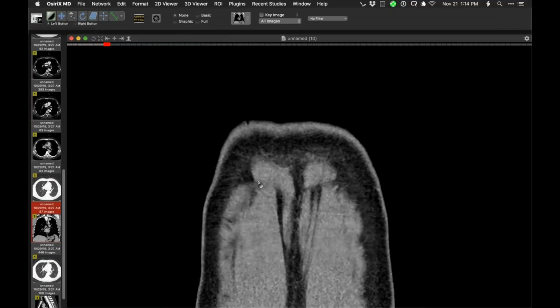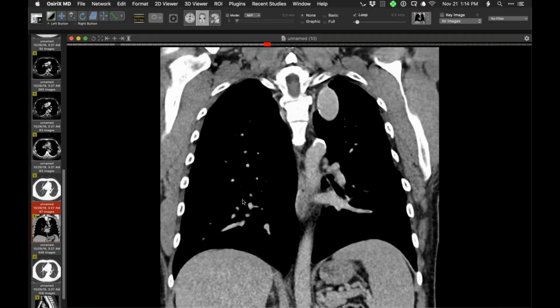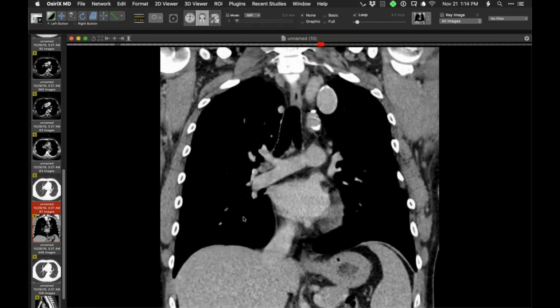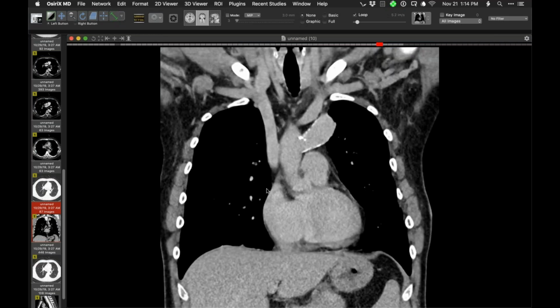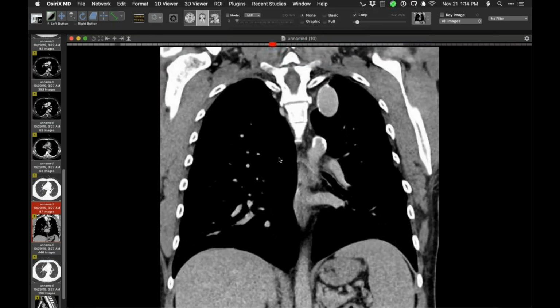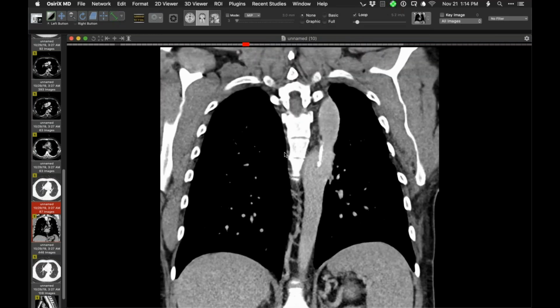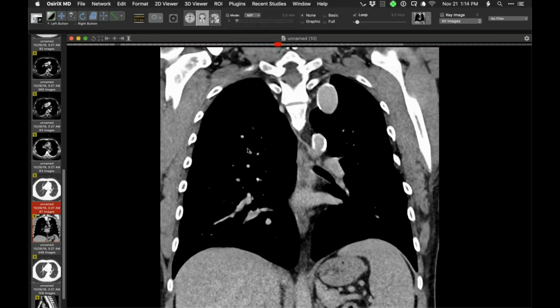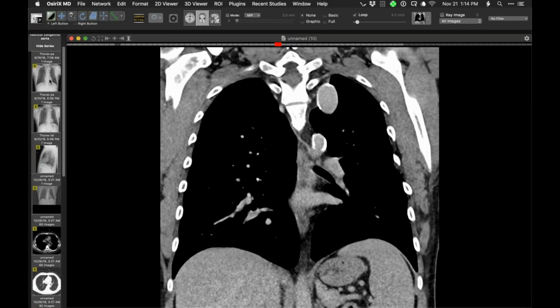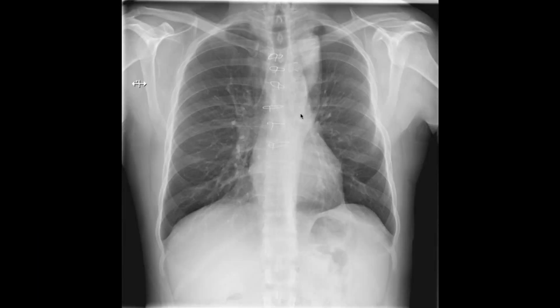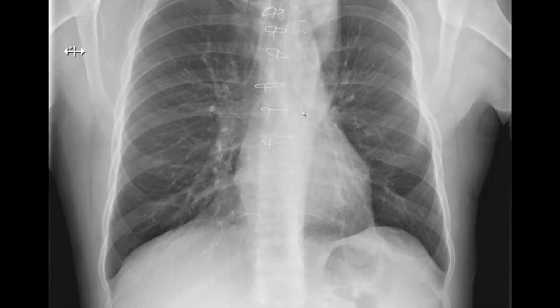So here we don't have contrast, but we can see the bypass from ascending aorta, it's got some calcification, to descending aorta. So that's what accounts for the radiograph. So aortic bypass, bypassing aortic coarctation. I don't know the exact sequence of surgery in this patient, but there are clips there and clips there and so on and so forth.